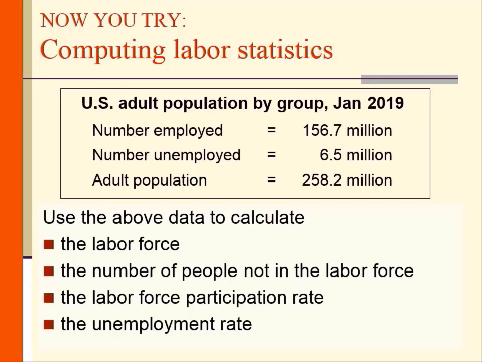So the labor force equals 156.7 plus 6.5 equals 163.2 million. Next, the number of people not in the labor force should equal adult population minus labor force. So the population is 258.2 million, and the labor force you found as 163.2 million. So 258.2 minus 163.2 should equal 95 million at the end.